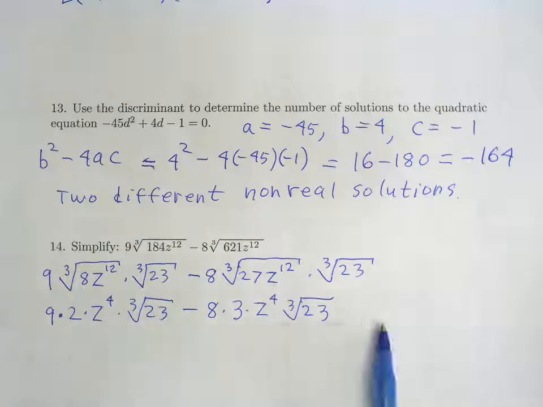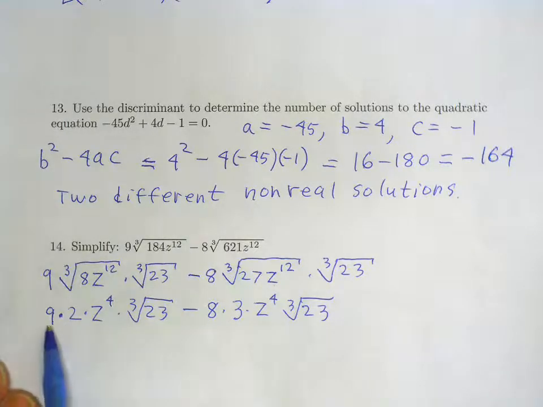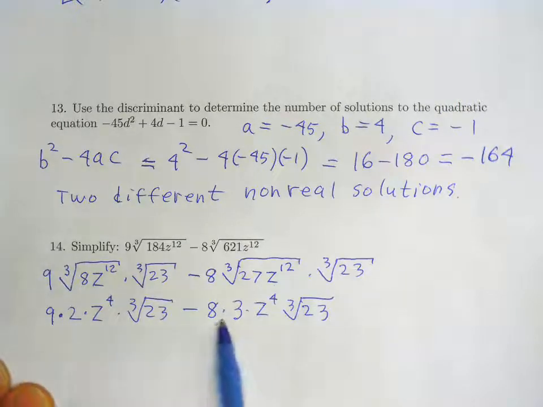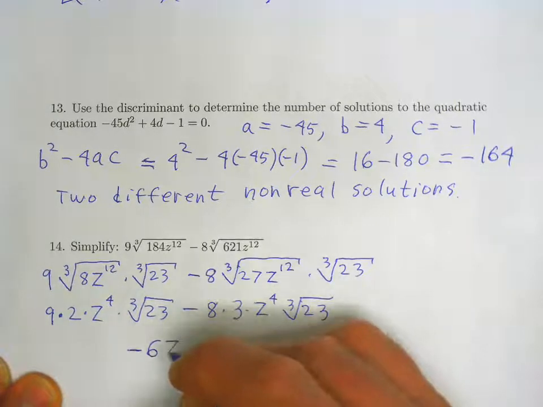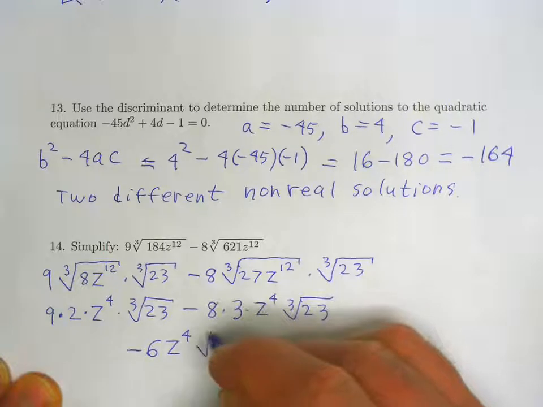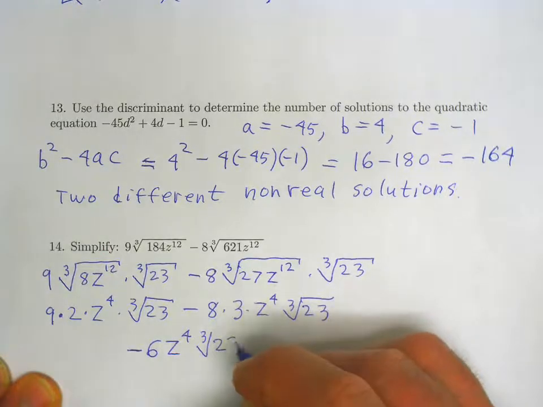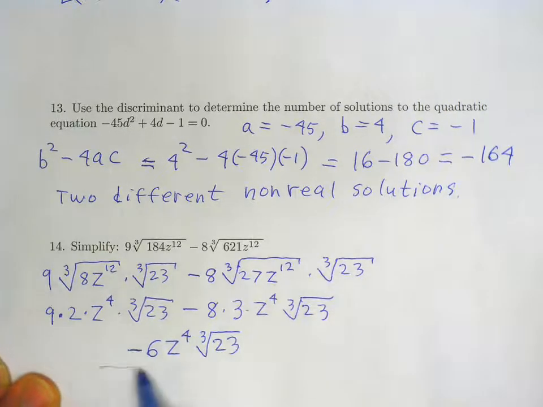So we can combine everything into a single term. 9 times 2 is 18, so the coefficient of this one is 18, and the coefficient of this one is negative 24. 18 minus 24 is negative 6. So negative 6 times z to the fourth times the cubed root of 23. This is the simplified result on that one.